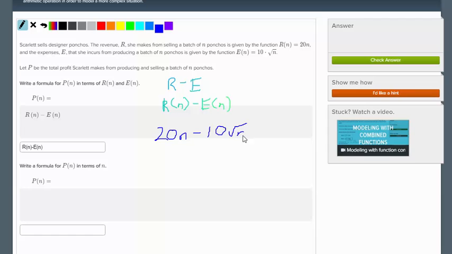If you want to, you can, but we don't have to. There's no simplification to be done because this is inside a square root, this is outside a square root. They don't talk to each other because this one's in prison, this one's not in prison. So it should just be 20N, remember my variable this time, minus 10 square root of N.